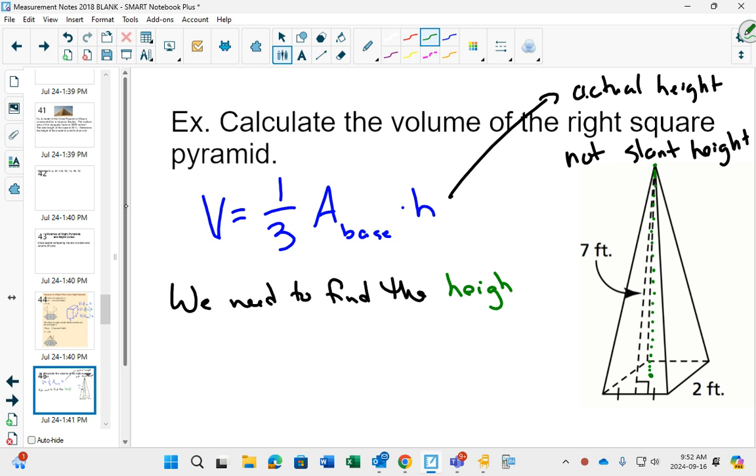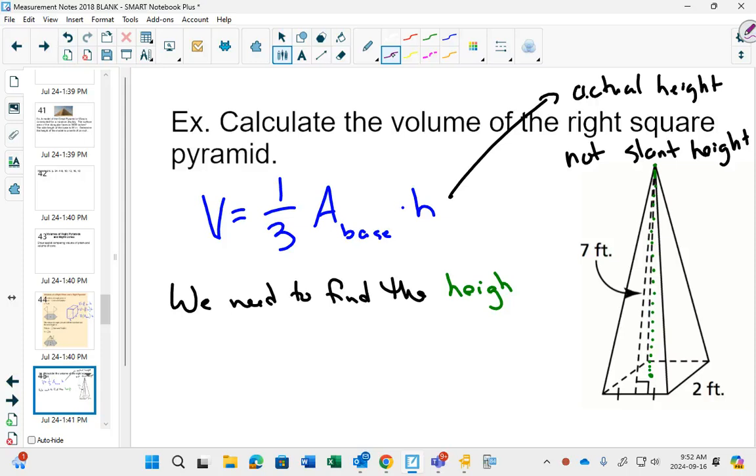Whenever you have slant height and need to find height, or you have height and need to find slant height, we're always going to, and this is a little bit hard to visualize, think of a triangle. I'll draw the whole triangle in purple. The triangle includes the slant height and the actual height, and this would be a 90-degree angle in there. I'm going to take that purple triangle.